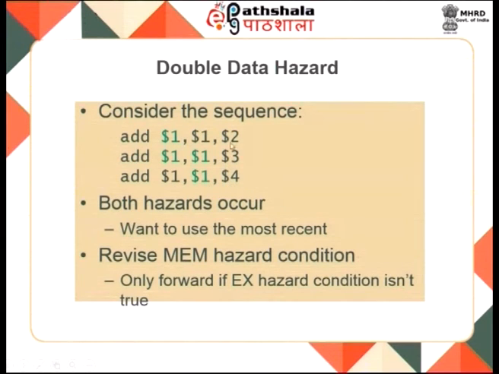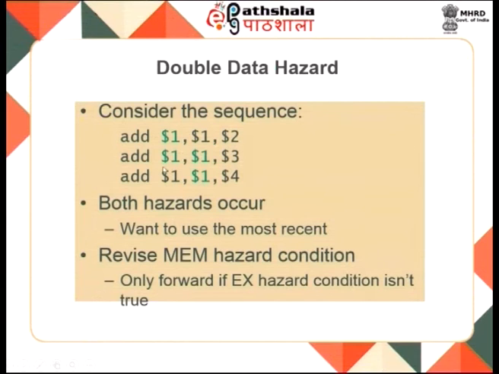Now, in order to ensure that such problems do not occur, we will have to slightly revise our memory hazard condition. Only forward if the execution hazard condition is not true. In this case you also have a memory hazard because there is a dependence between the first instruction and the third instruction.